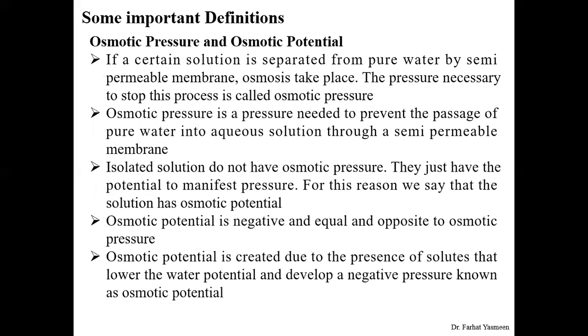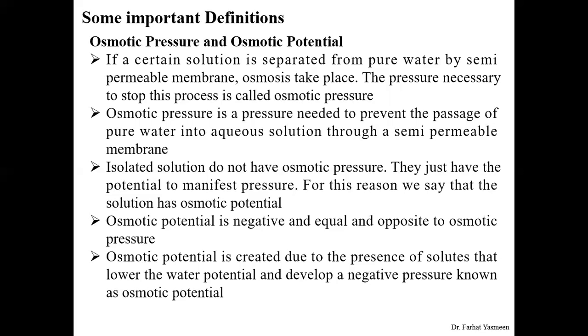Then what is the difference between osmotic pressure and osmotic potential? As I have mentioned, osmosis is the separation of a solution from pure water by a semi-permeable membrane. The pressure which is necessary to stop this process of osmosis is called osmotic pressure. However, potential is basically the ability to do osmosis.